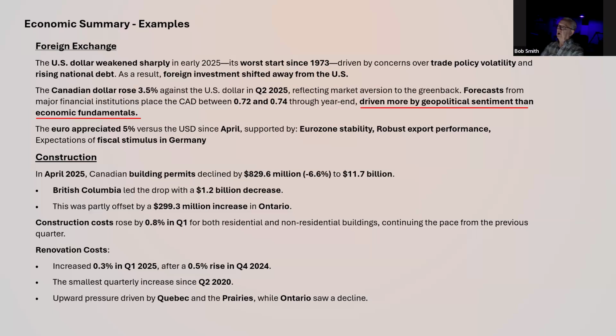Now the caution is this is being driven by politics, political sentiment, rather than economic fundamentals. And economists will all tell you that in the long run, the economics will prevail. I think that's one way they keep their job, because they were certainly not forecasting this kind of change in exchange rates.